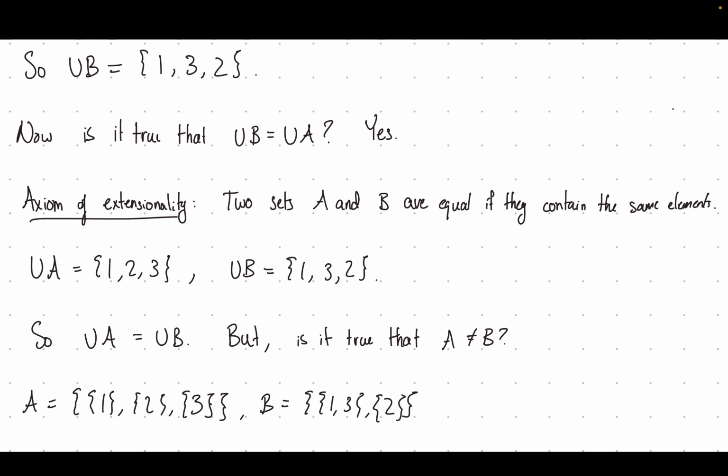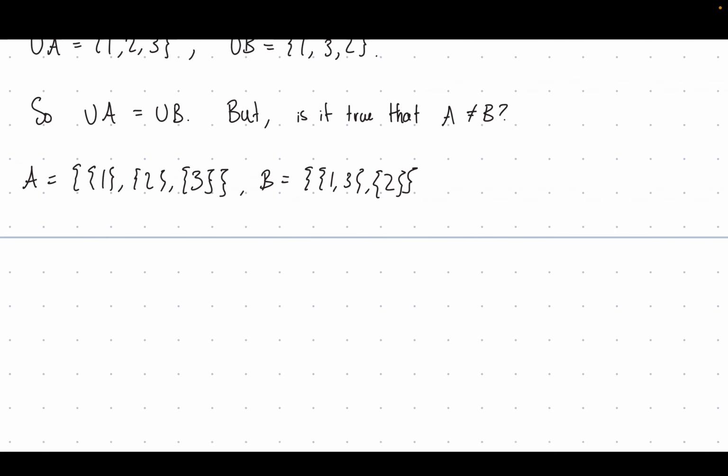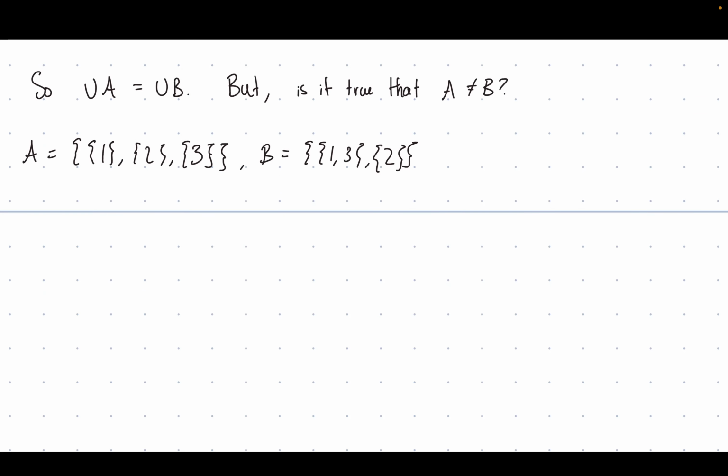And how do we check that they're equal or unequal? To show that they're not equal, we just have to show that one of the elements in A is not an element of B, or vice versa, that one of the elements of B is not an element of A. And a simple way to show that is to ask the question, is {1, 3} in A? And no. {1, 3} is neither this element, nor this element, nor this element. So, indeed, A is not equal to B.